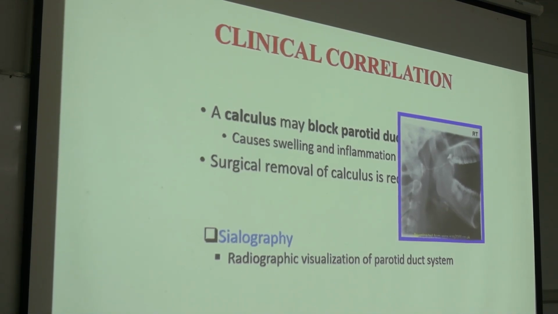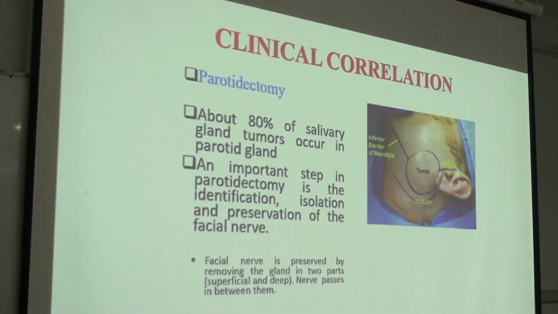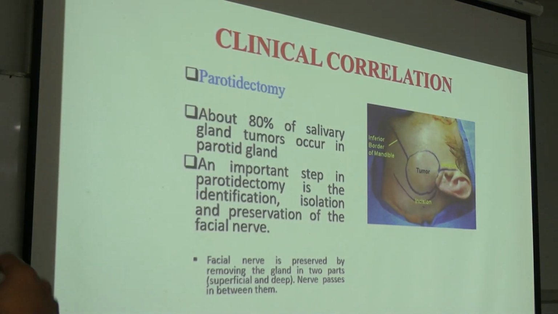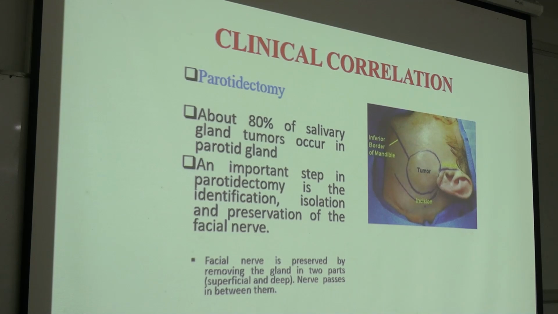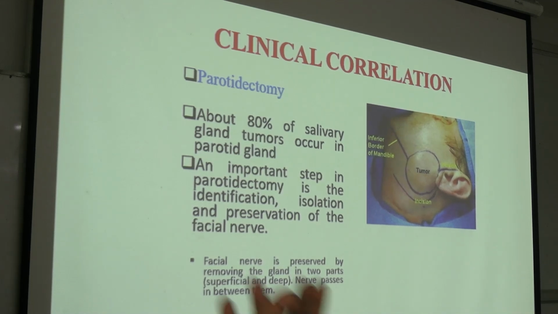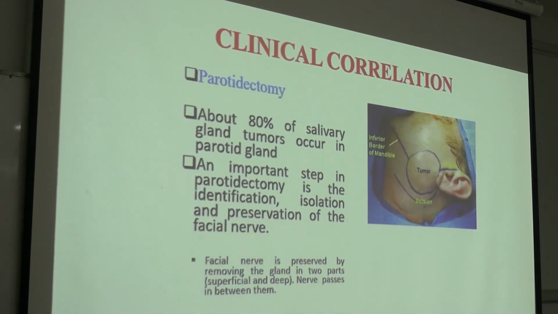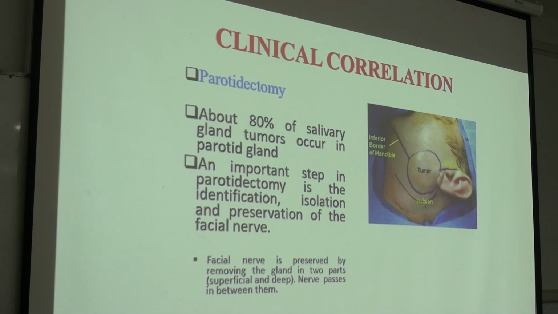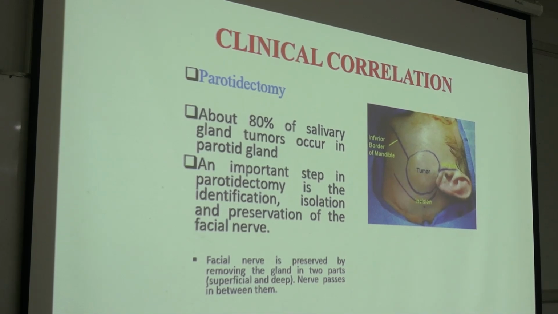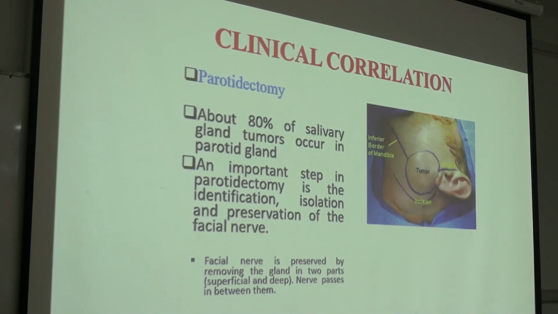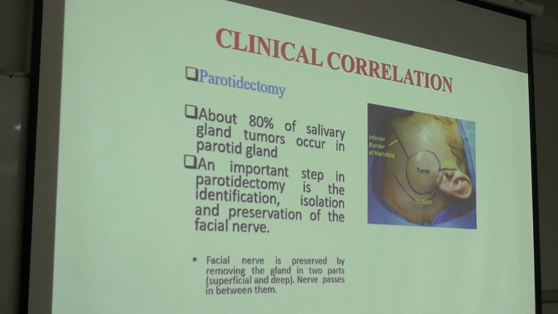So these are the things you keep in mind regarding clinical correlations. Now, if you have a tumor of this parotid gland, it needs to be removed, whether it is a superficial tumor or a deep tumor, depending on how much of the parotid gland you are scooping out. Most tumors involving the parotid gland are in the superficial region. If a tumor grows slowly, it stretches the tissue, which allows some stretchability.